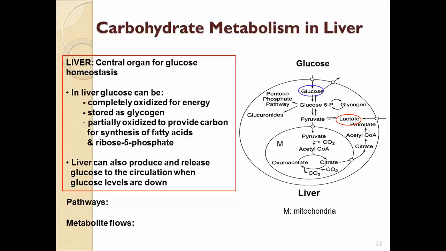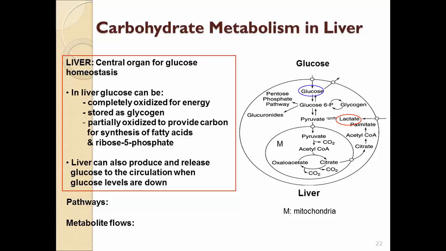And in the fasting conditions, the liver tries to save glucose, not to break it down completely, and saves the three-carbon skeleton, so pyruvate can be converted to lactate in the fasting conditions.